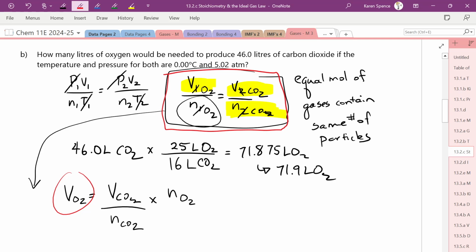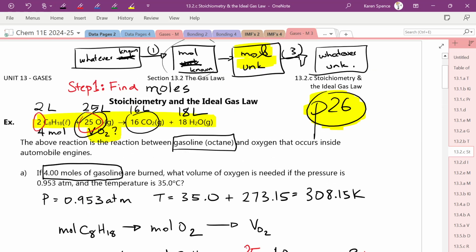And you know what we're going to end up with? 46.0 liters times how many moles of O2? 25 moles of O2.